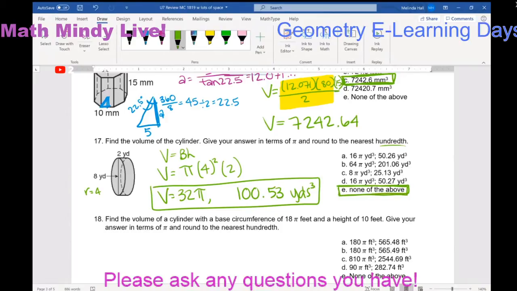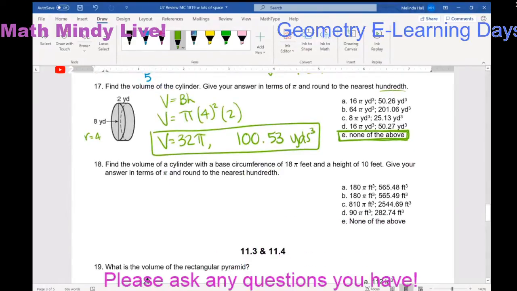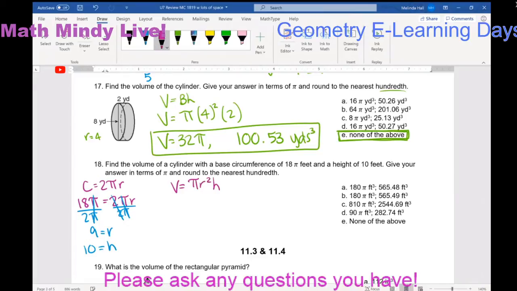So then for 18, to find the volume of a cylinder with base circumference 18 pi feet and height of 10 feet, first we use that circumference so that we can solve for the radius. Since circumference is 18 pi, we just plug that in for C, and then we divide by 2 pi to simplify it out. 18 divided by 2 gives me 9 for the radius. I already know my height is 10 because that was given. To find volume, we would have pi r squared times h.